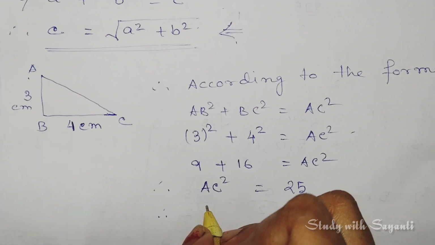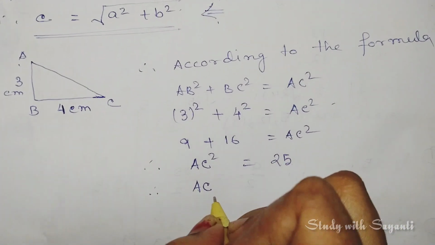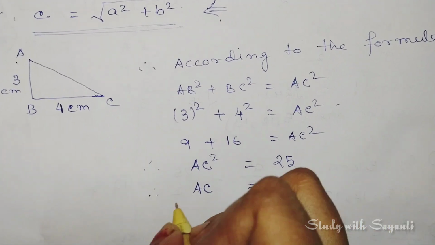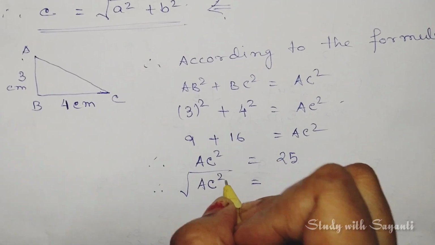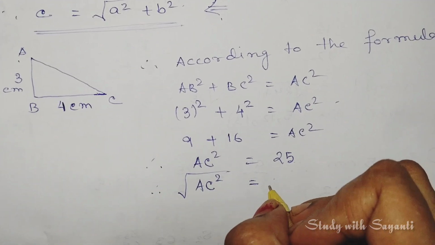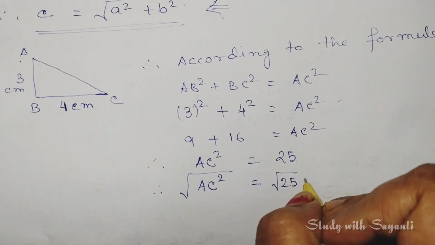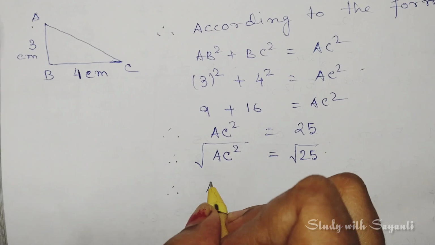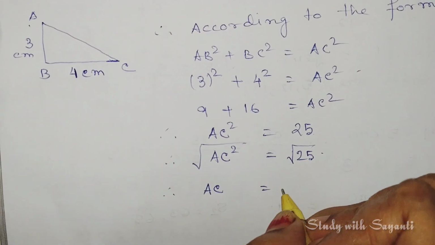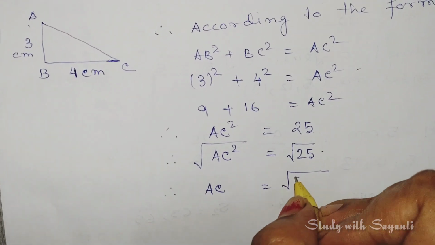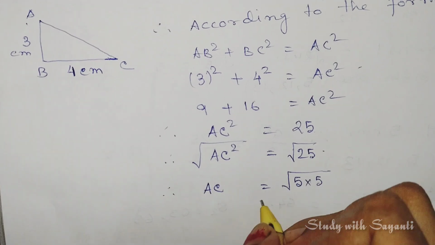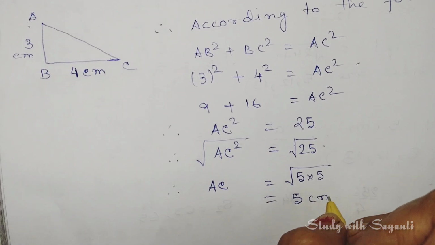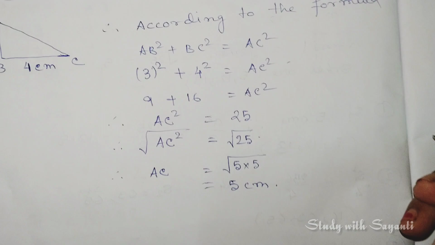From here we can determine AC: root over AC square equal to root over 25. So AC equal to root over 5 into 5, that is 5. So it is 5 cm.